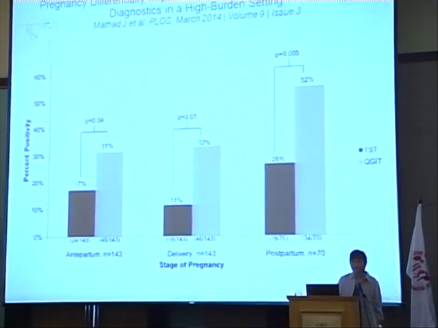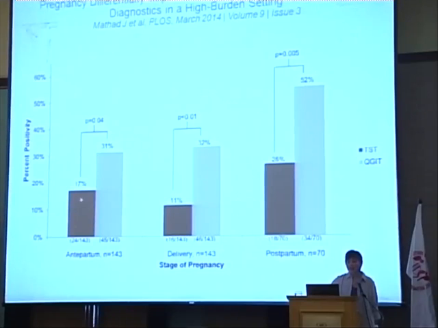This is from India, and these are HIV-negative moms, and the background rate for latent TB is about 40%, okay? So this is the positivity on the y-axis, and this is the stage of pregnancy. This is during pregnancy, during delivery, right at delivery, and then 6 months after delivery, postpartum. The black is the skin test.